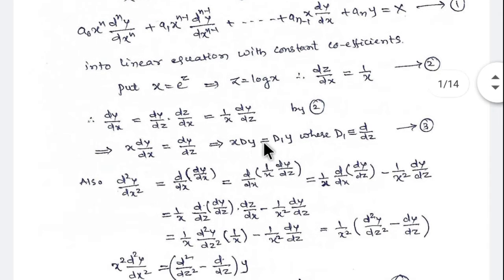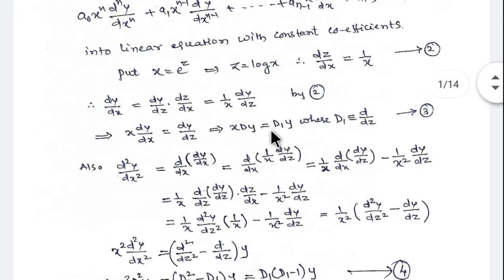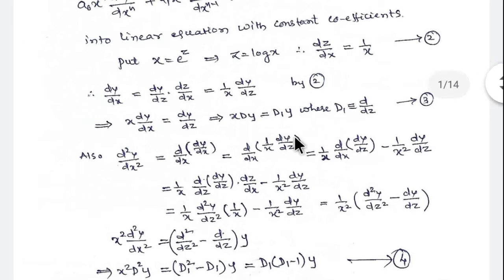Cross multiplying, x into dy by dx equals dy by dz. This can also be written using capital D: x dy equals D1 y, where D1 stands for the operator d by dz.